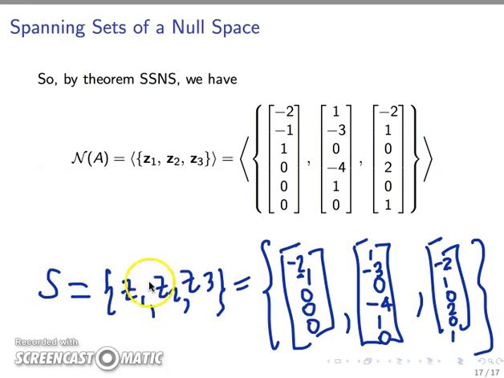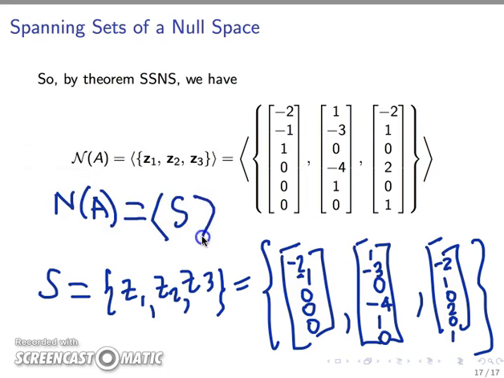So S is the set of vectors z1, z2, and z3, expressed here as a set. That's what it would look like. However, what we have in the previous line is another way of saying what we're looking for: we wanted to express the null space of the matrix as the span of a set S, right?